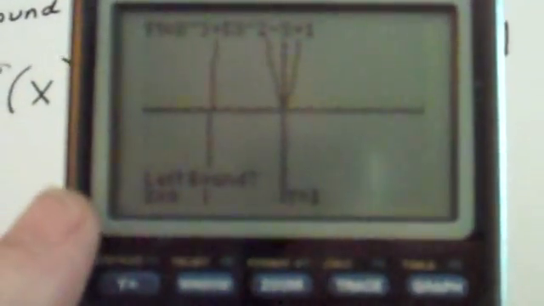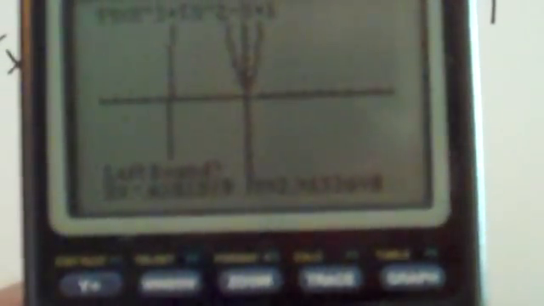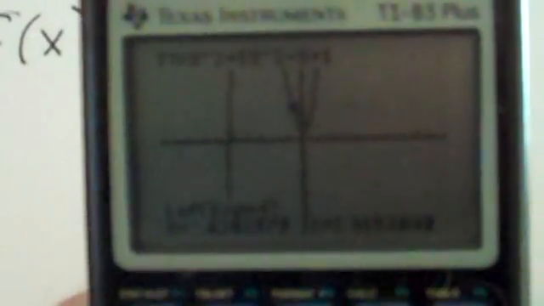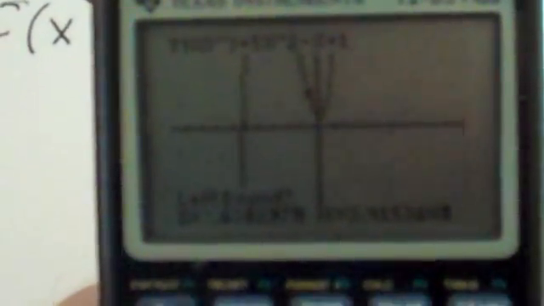Now it's asking me to enter the left bound. I'm going to use my cursor. You see how I'm moving the spider? I'm moving the spider to the left of the valley. All right? I've moved it to the left of the valley, and I hit enter.